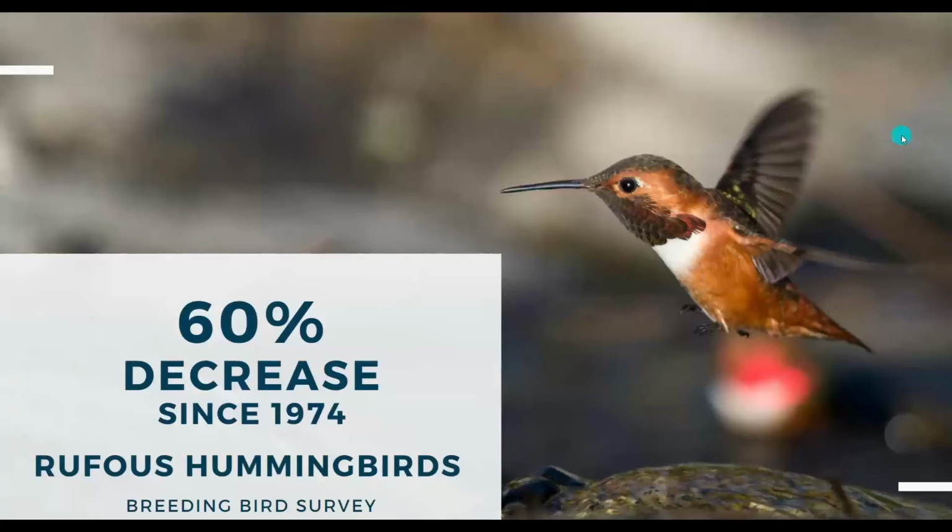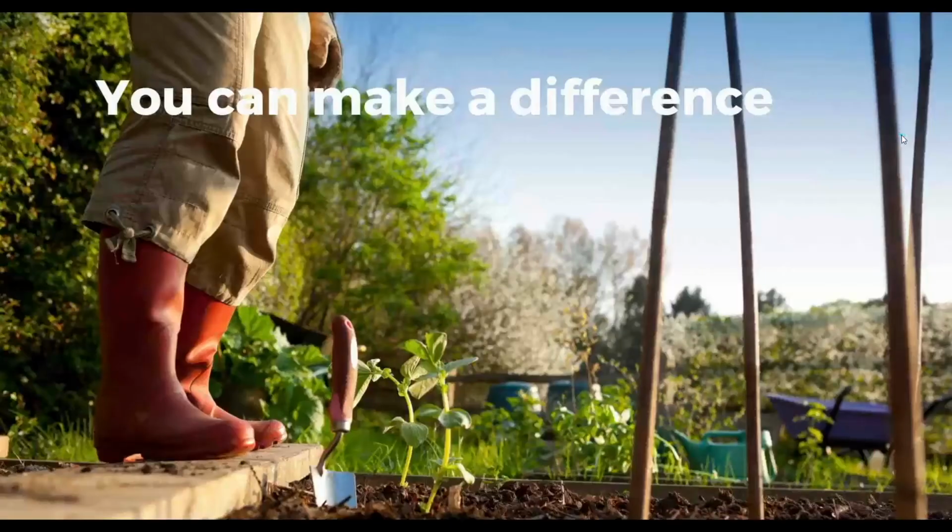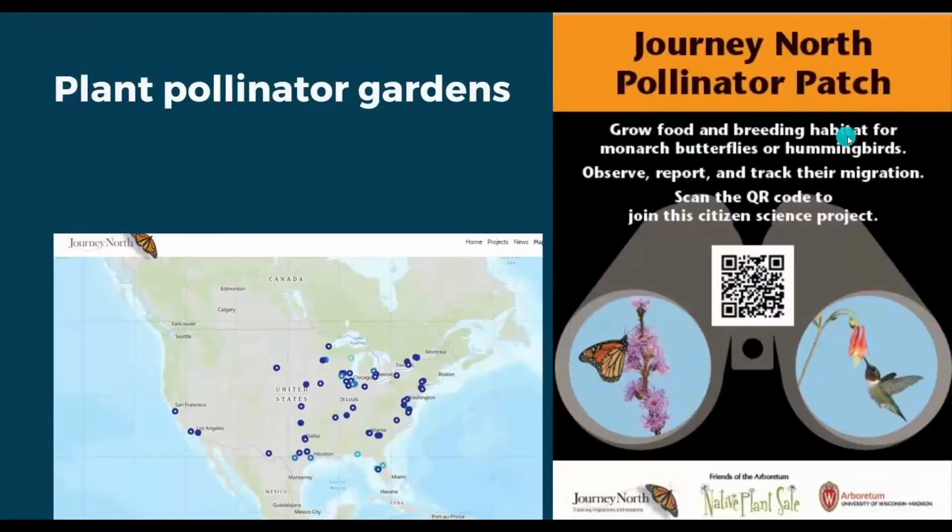So these are some troubling figures to put in front of you, but there is hope, and that's why I do the work that I do, because I firmly believe that we all can play a critical role and can make a difference.